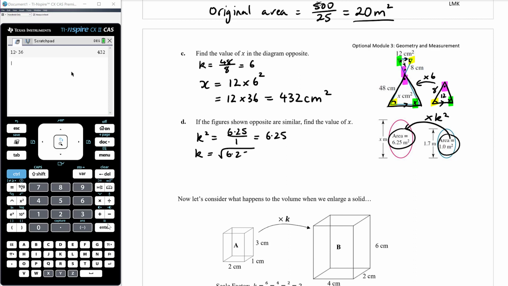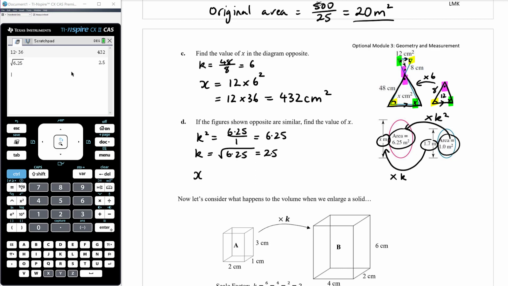So let's do the square root of 6.25, which is 2.5. So the lengths have been multiplied by 2.5, and so now we can work out that we're going to multiply the lengths by k, where k is 2.5.